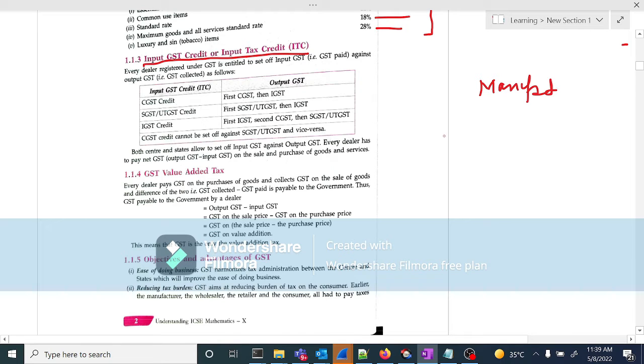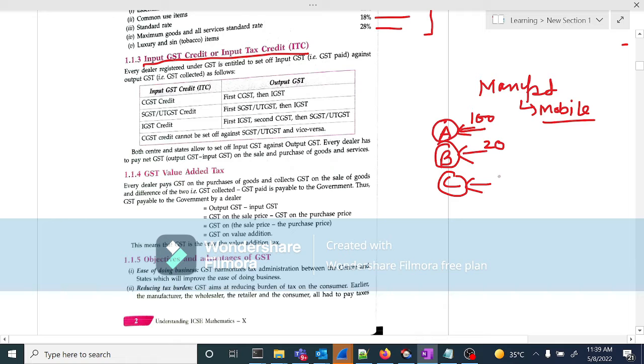He manufactures mobiles, so to manufacture a mobile he needs three raw materials, A, B, C. He will buy raw material A, and while buying it he must have paid rupees 100 as GST. Then he will buy raw material B, paying, suppose, GST of 20. Then again he is buying raw material C and is paying GST of 80 rupees.